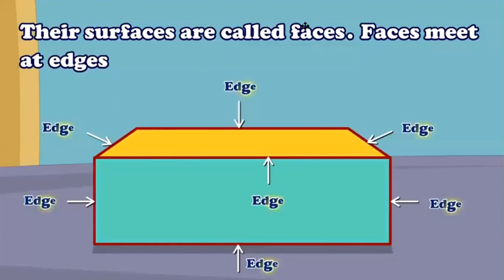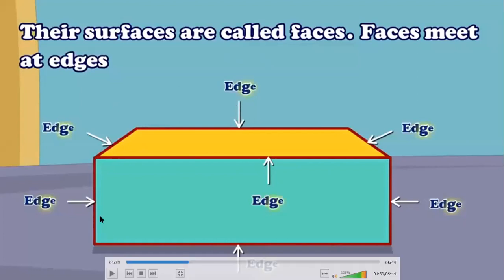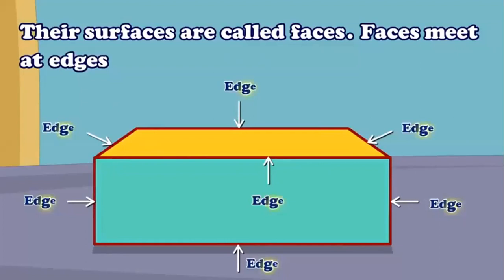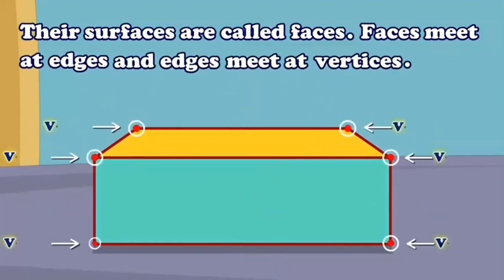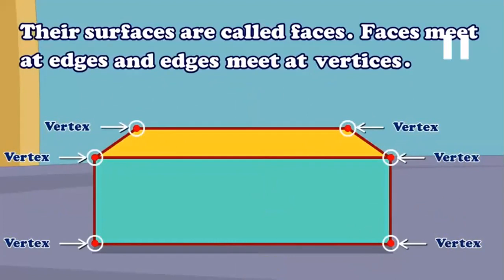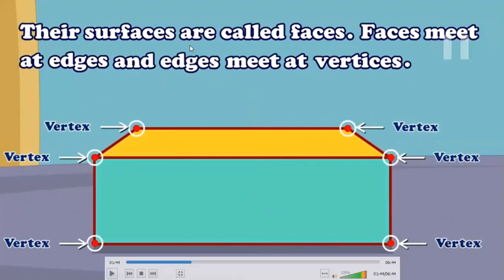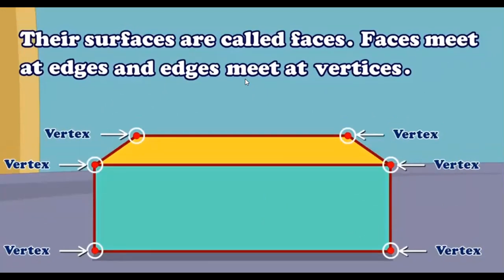The flat surface is called a face, and the line through which one face meets another face is called an edge. And you know about the vertex or vertices, the corners, right? Edges meet at vertices, so you can easily count the corners: 1, 2, 3, 4, 5, 6, 7, 8.